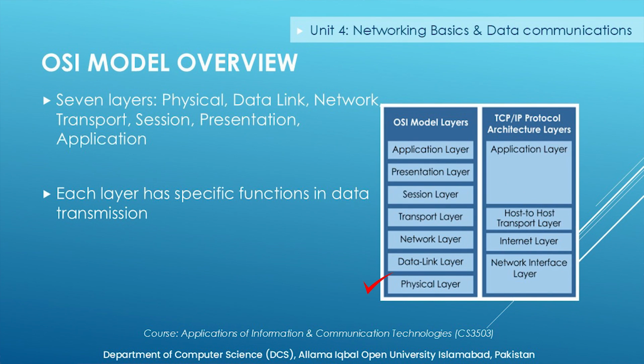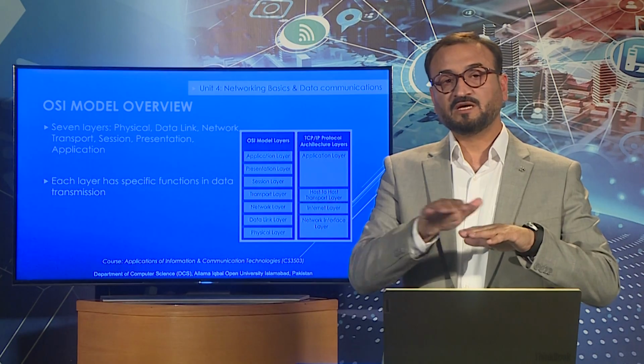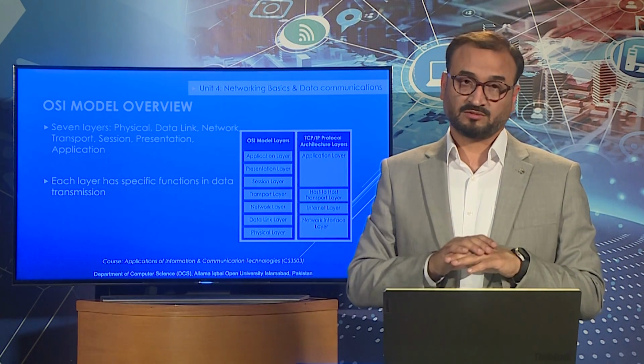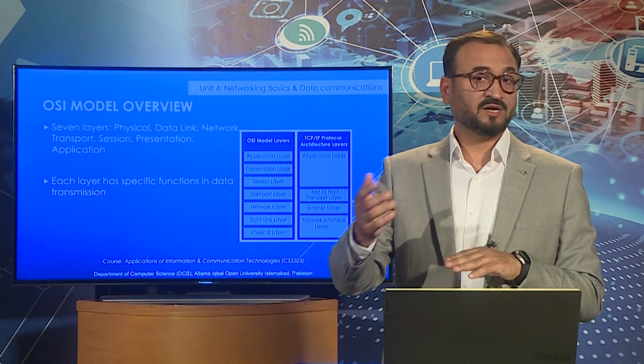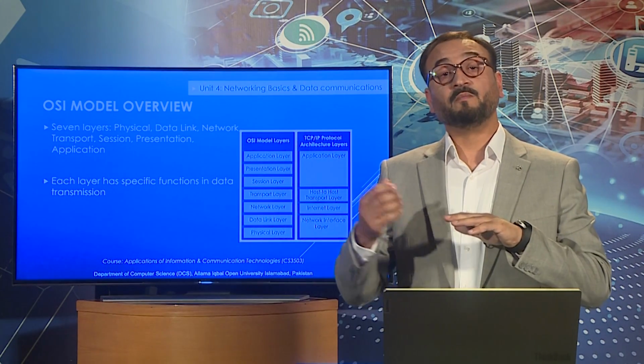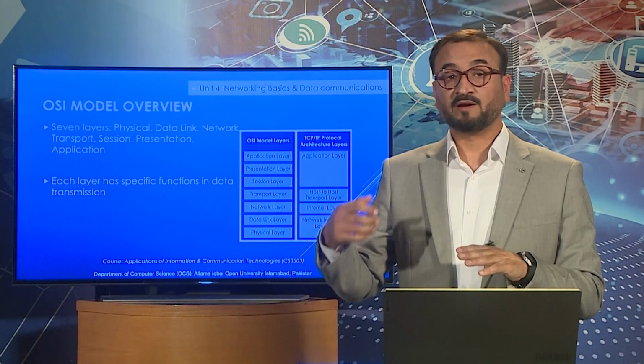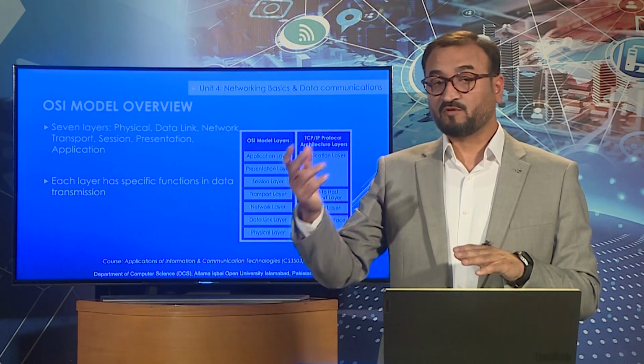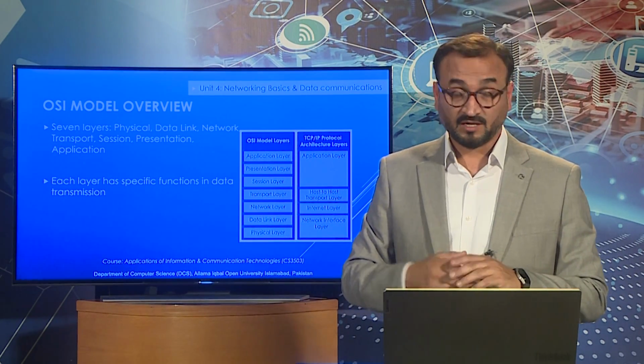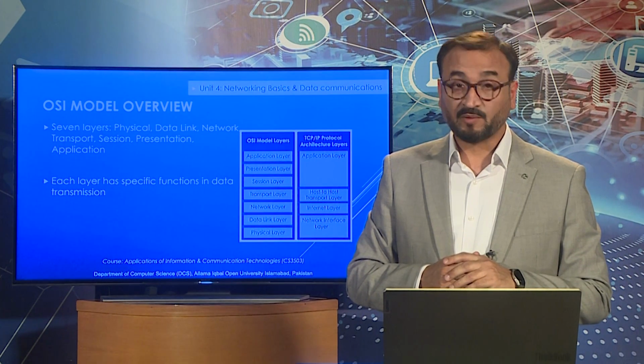Last layer is the physical layer that is closer to the medium, wired or wireless. Its purpose is to provide physical properties, physical specifications. For example, conversion of bits in the form of media specific format, might be electromagnetic waves, might be in the form of light if it is coaxial or fiber optic.